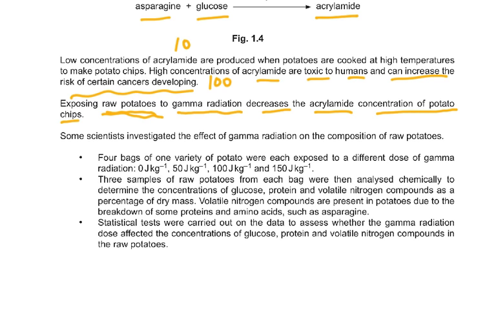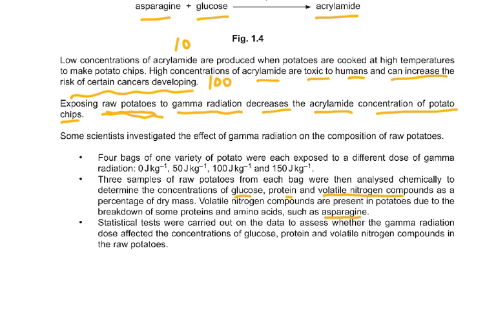This is the gamma radiation that we're giving them. 3 samples of raw potatoes from each bag were then analyzed chemically to determine the concentration of glucose, protein, and volatile nitrogen compounds as a percentage of dry mass. Volatile nitrogen compounds are present in potatoes due to the breakdown of some proteins and amino acids such as asparagine.